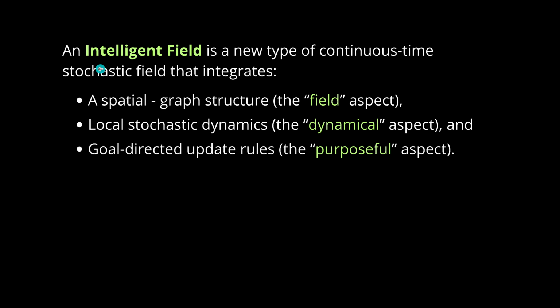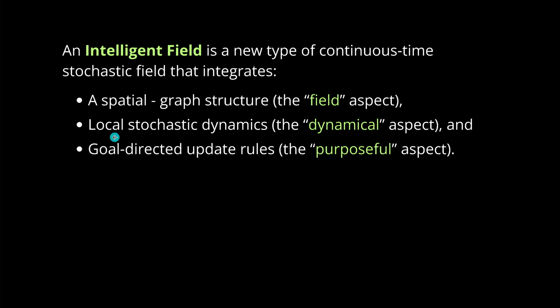So we have a continuous time stochastic field, and now we have 3 aspects. We have the field aspect, the dynamic aspect, and how we do this purposefully with a goal-directed update. And this is exactly our J of theta that you know from reinforcement learning and supervised fine-tuning. So a spatial graph structure will be the base where we build our Hilbert spaces.